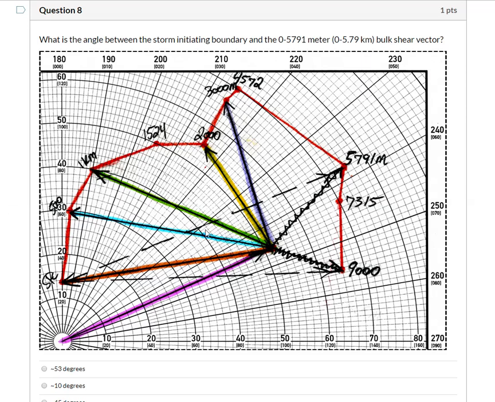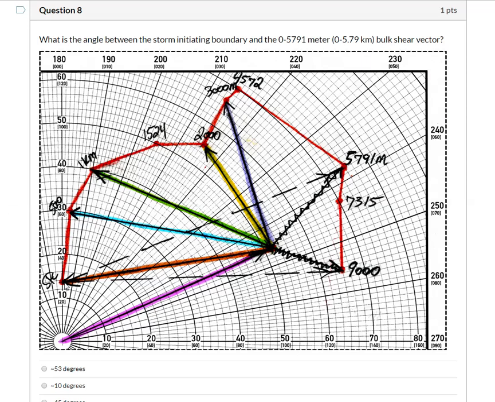And so the reason why I would like for you to calculate the angle between the 0 through 1 kilometer layer wind, that would be right in through here, and the 5791 storm bulk shear vector, this one, bulk shear vector, 0 through 5791 meters, is because that will help tell you what type of storm is going to form.